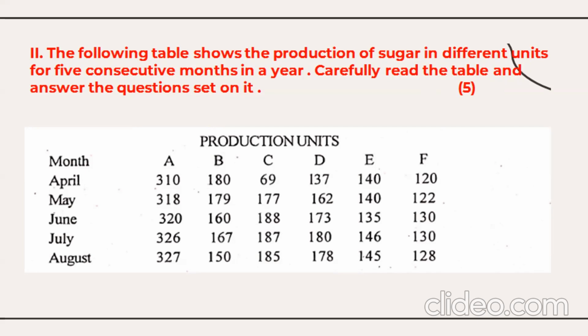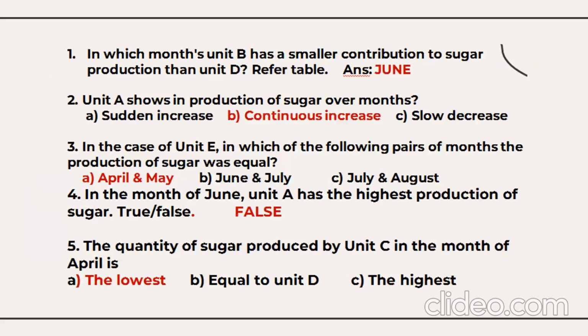When you go through this table like this, you'll be having 5 questions, and you'll be having A, B, C, D, etc. choices, multiple choice questions, true false questions, and you need to answer. So 5 marks for comprehension. Similarly, 5 marks for data interpretation. So 10 marks done.